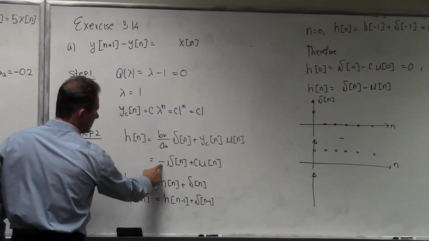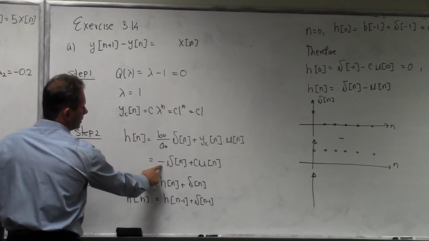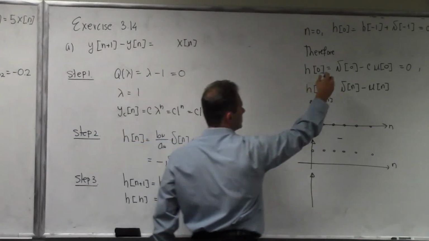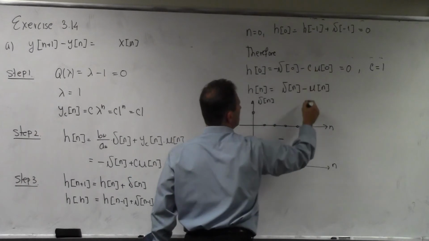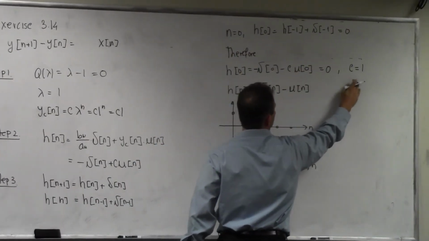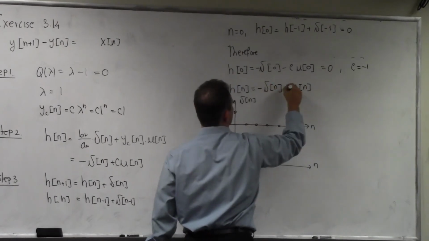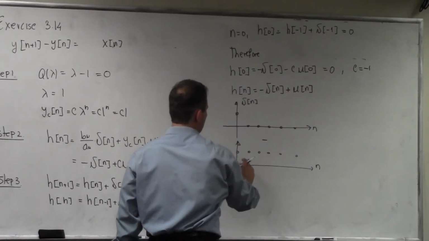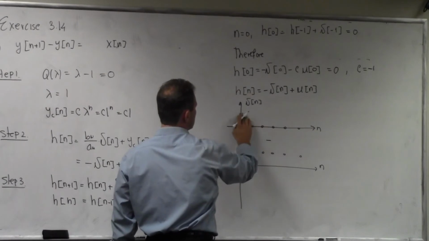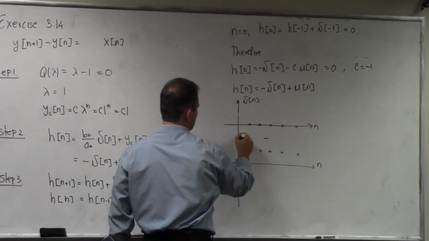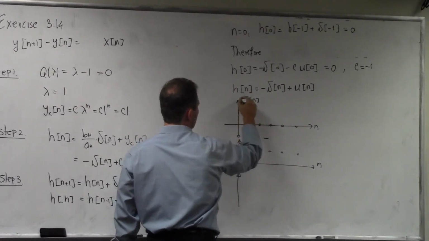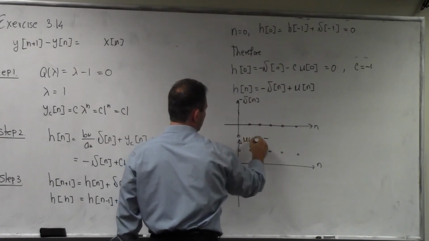So there was a minus here, right? So there's a minus here, and then c needs to be equal to minus 1, right? So this is minus plus, okay. There we go. So this is minus delta of n, looks like this. And this is u of n.